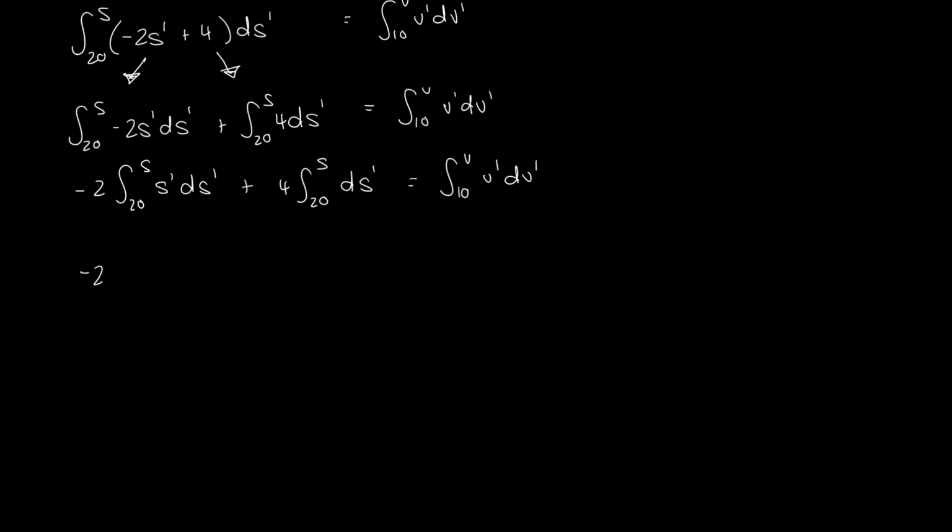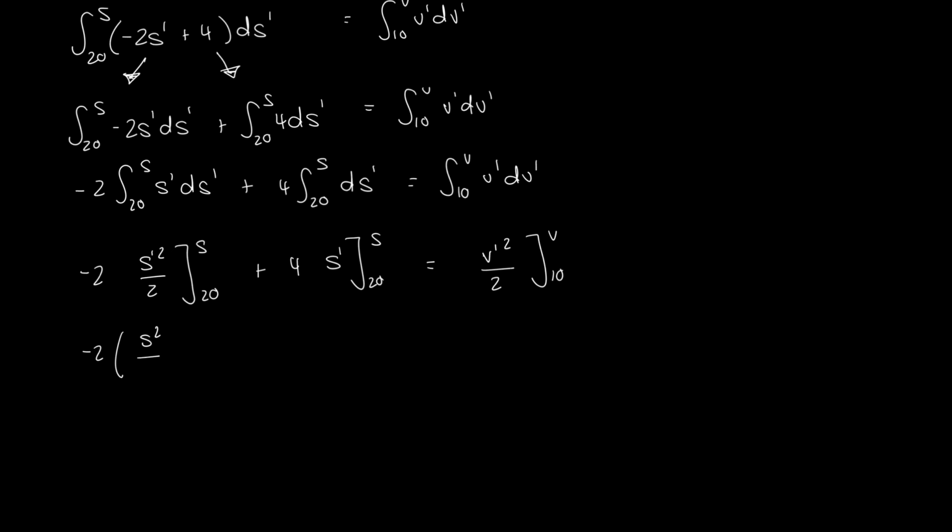Minus 2 times s prime squared divided by 2, from 20 to s, plus 4 s prime from 20 to s, is equal to v prime squared divided by 2, from 10 to v. Now we can sub things in. This s prime gets subbed in with that s, which is at any s point.